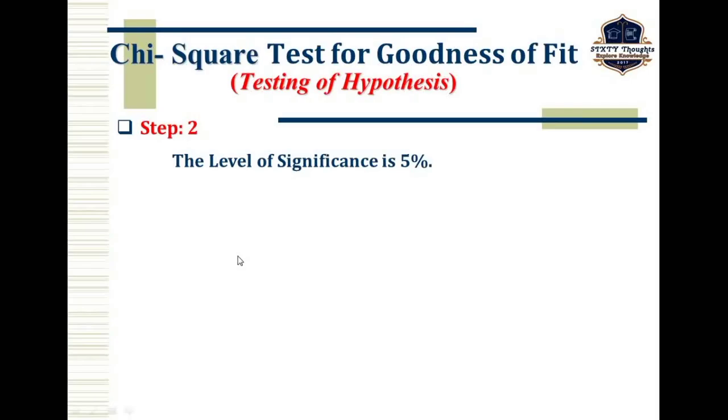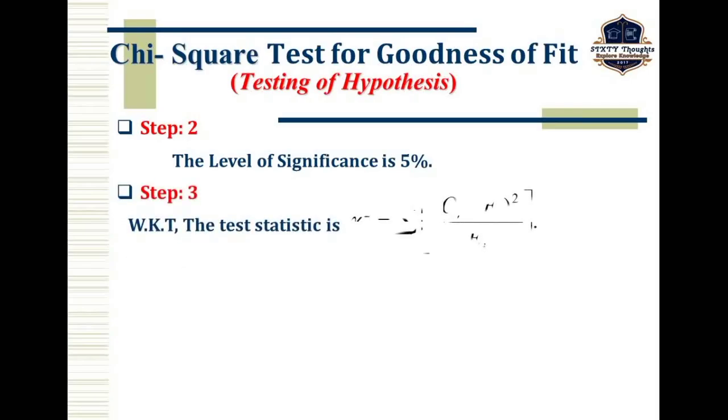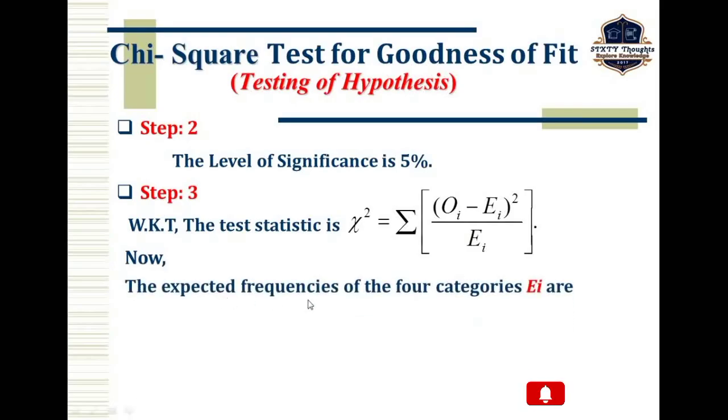Step number 3, first we write the chi-square formula. We know that the test statistic is chi-square equal to the sum of observed value minus expected value whole square by expected value. Using the observed values, we are going to find the expected value of each category: failed students, third class, second class and first class. We know the total ratio, so now I am going to find the expected frequencies E1, E2, E3, E4.